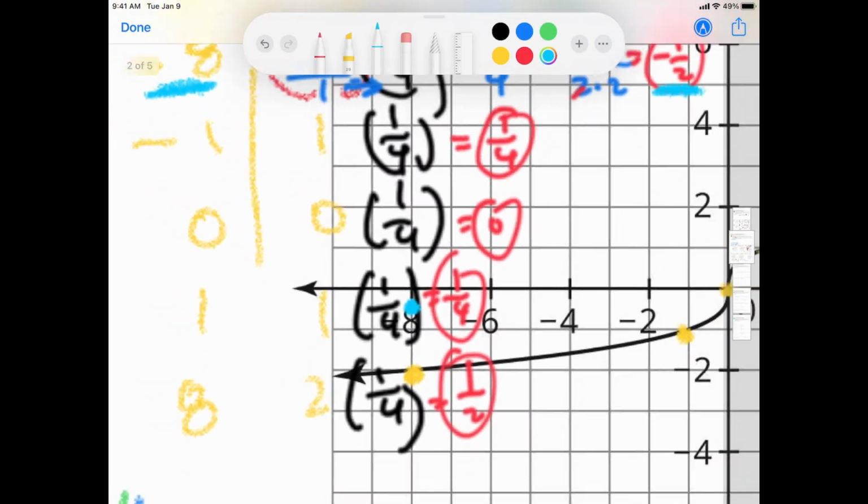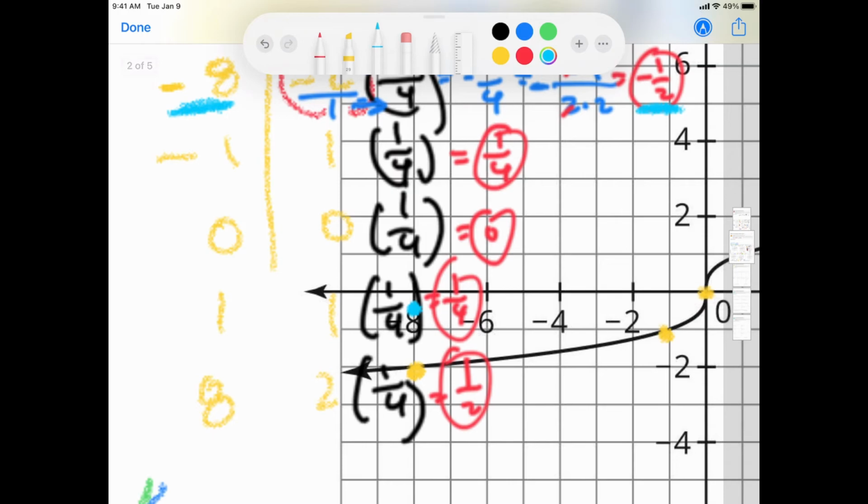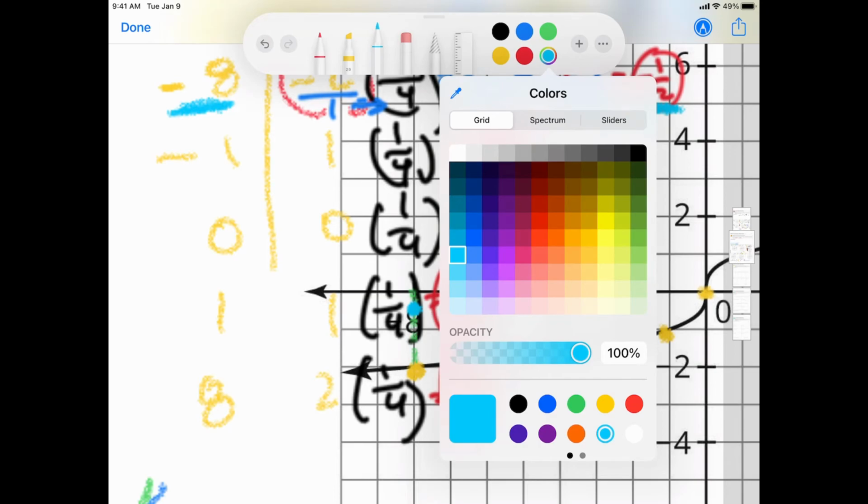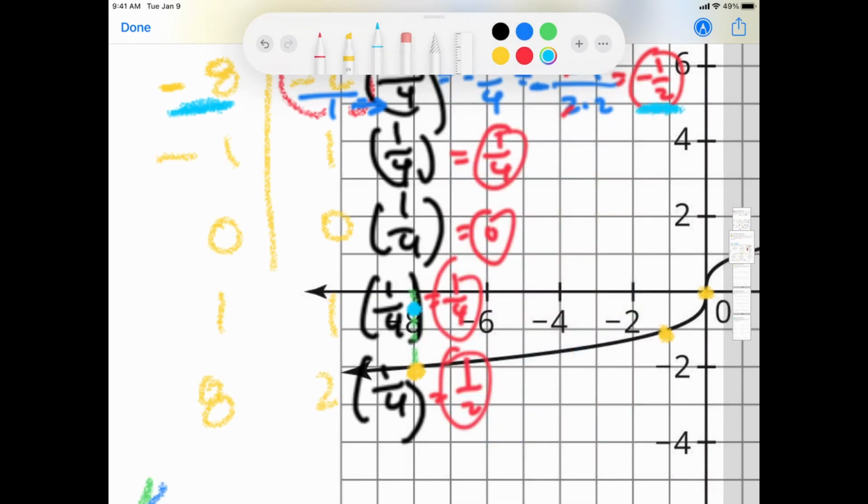And fraction-wise, I mean, this should make sense. Let me see if I can do it in a different color. There's 1, 2, 3, 4 parts, and you only need 1/4 of that. Does that make sense? All right, so let's do the other one. Negative 1, that should be negative 1/4.